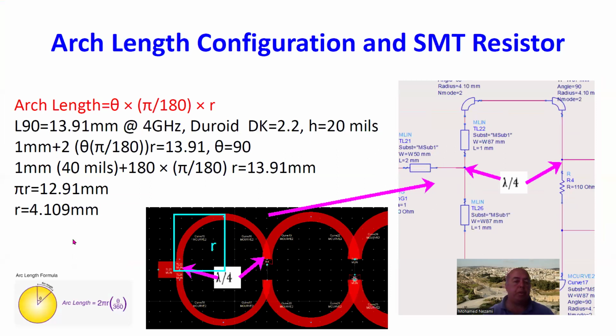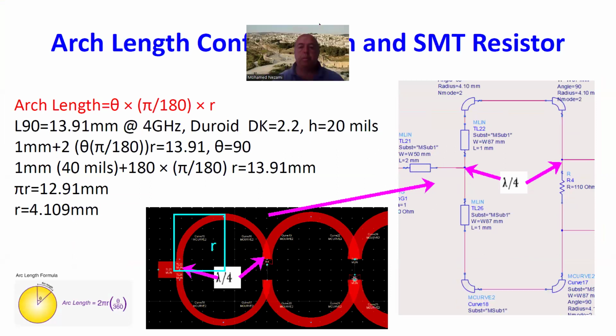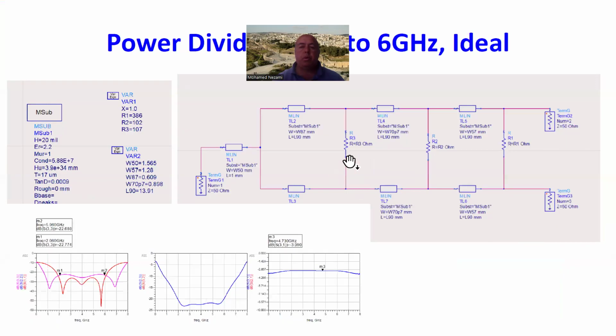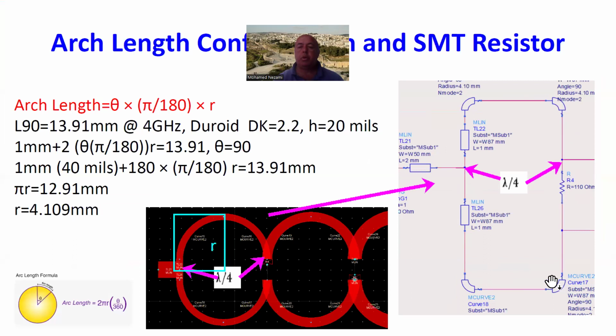So as a first step, if you look at this closely, what we're going to do is transform each one of these sections to a network like this, where we come in, we have two arcs, one arc for this one.